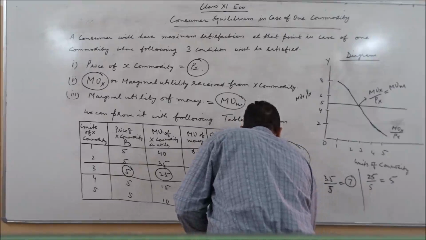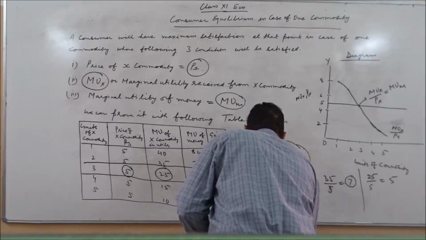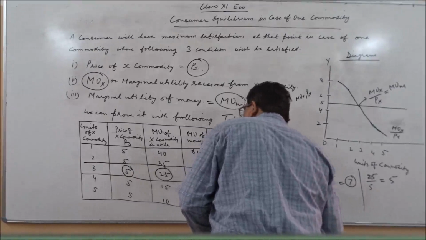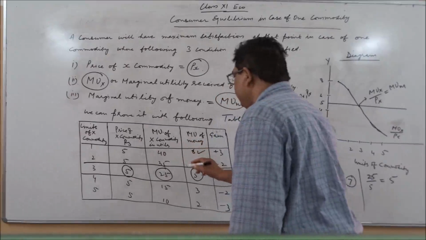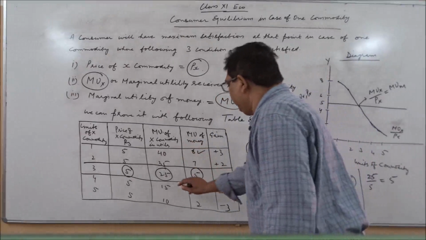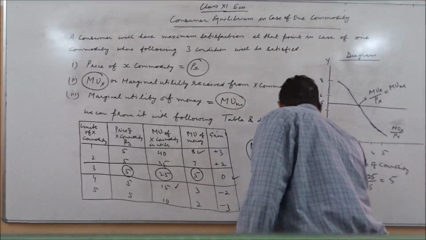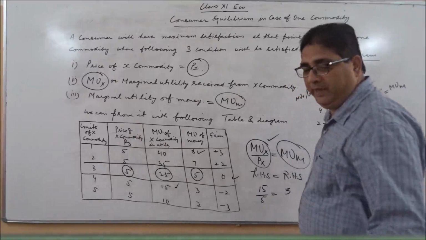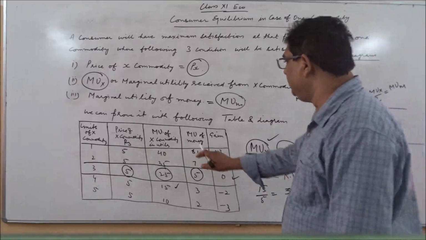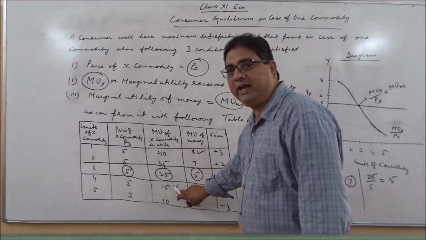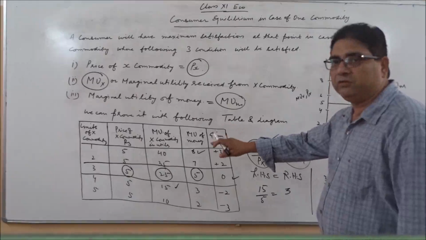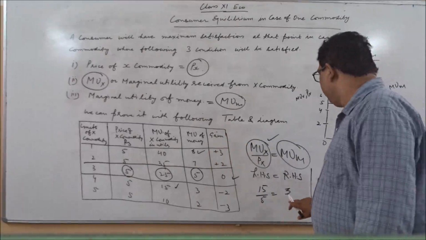Now, in case of purchase of the fourth unit of the commodity, the price remains the same, that is rupees 5. The marginal utility received from that unit is 15, which has decreased from the previous units.